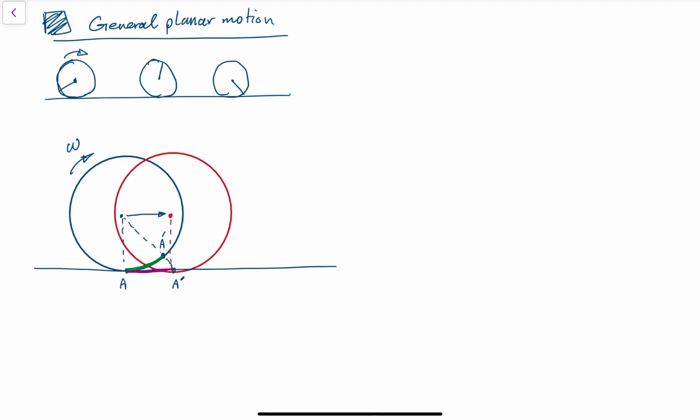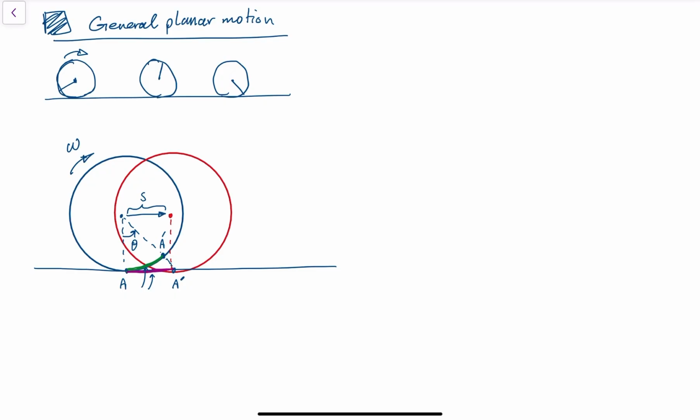In other words, as I turn this much angle, I translate this much along the horizontal line. And these two quantities, S and theta, are related to each other through this contact patch, or contact path, I should say.